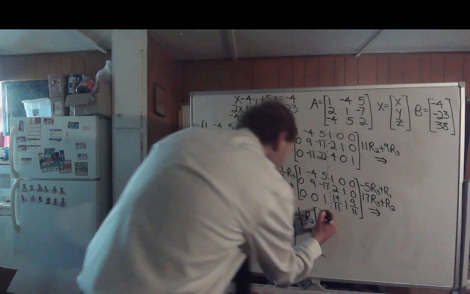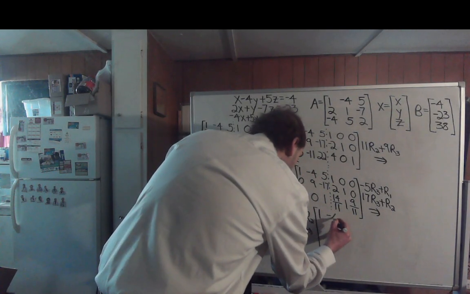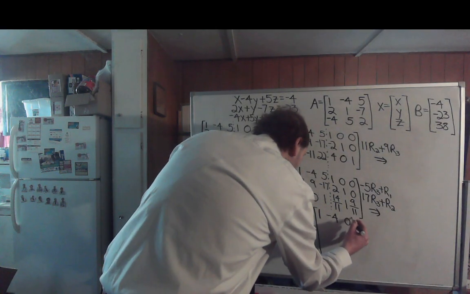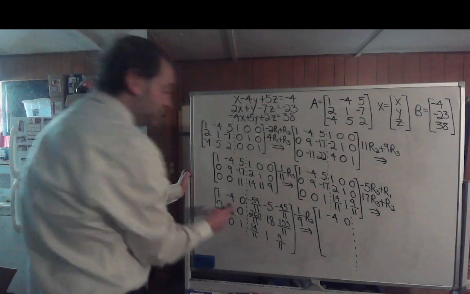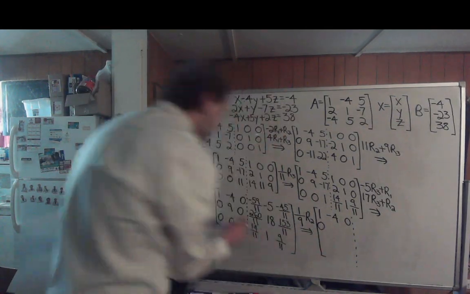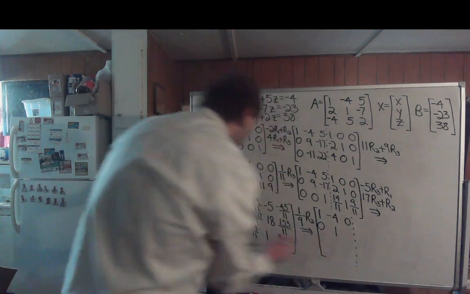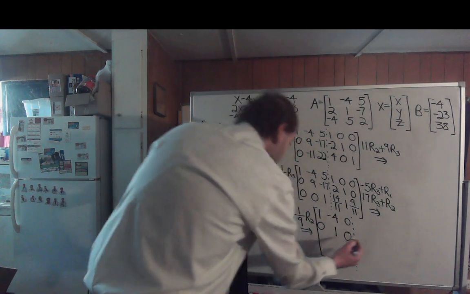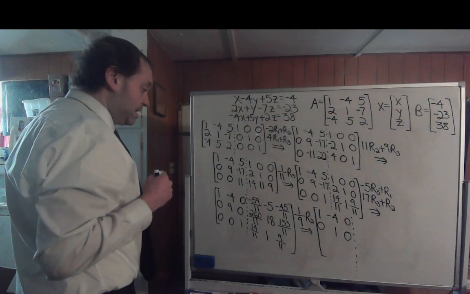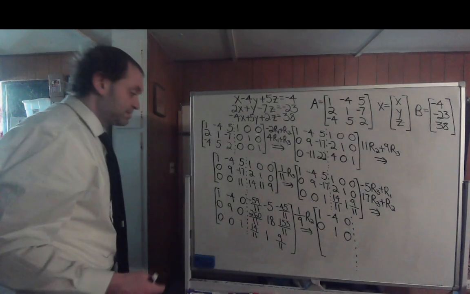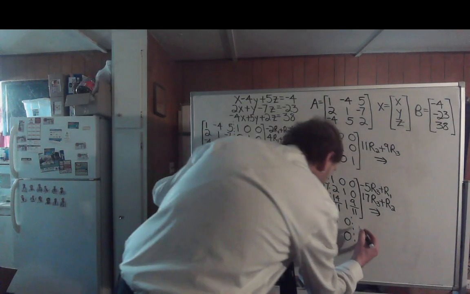Row 1 still gets left alone for now. 1/9 of 0 is still 0. 1/9 of 9 is 1. 1/9 of 0 is 0. Now, 1/9 of 260 elevenths, that would be 260 99ths.